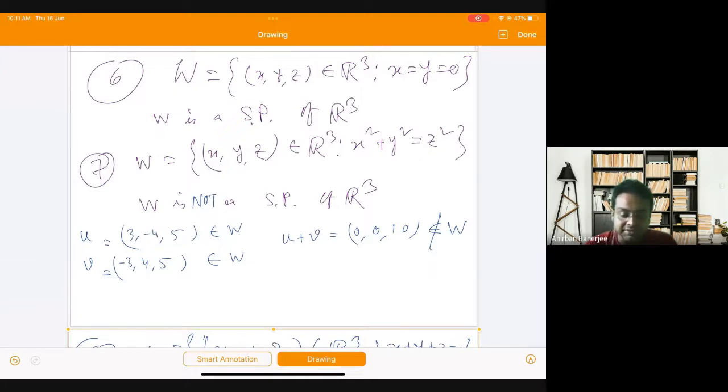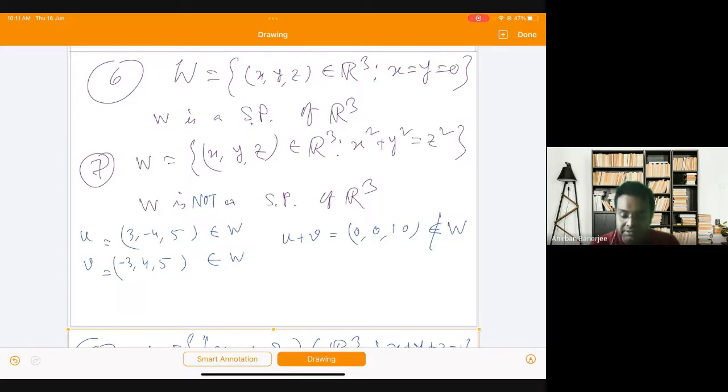The example 6, so there is a set of vectors, a family of vectors, and they form a subspace in R3. Okay. So in other words, we can say that this set of vectors generates the subspace.